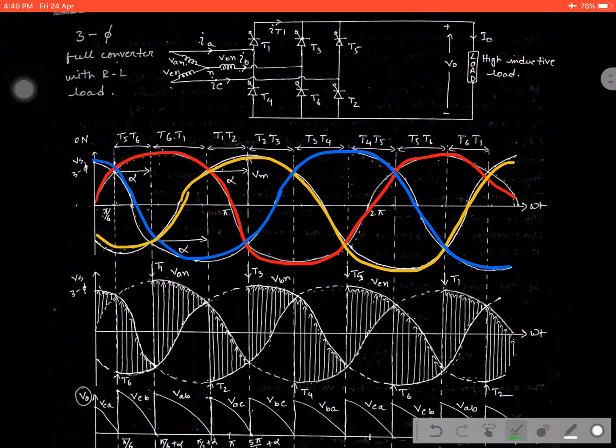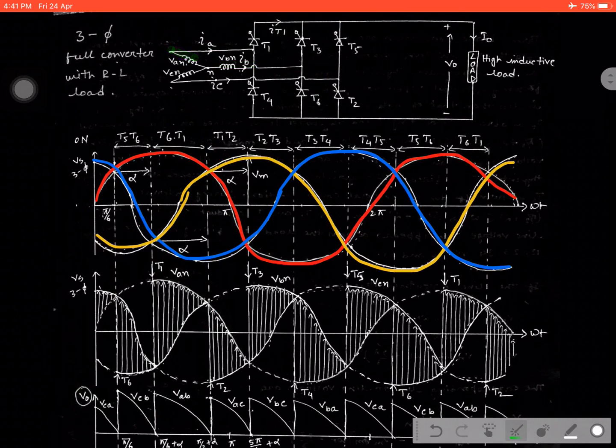But after crossing this region, I am talking about this region, what happened? Then VAN falls, right? But VBN is increased. That means VBN is increased and VAN is decreased.